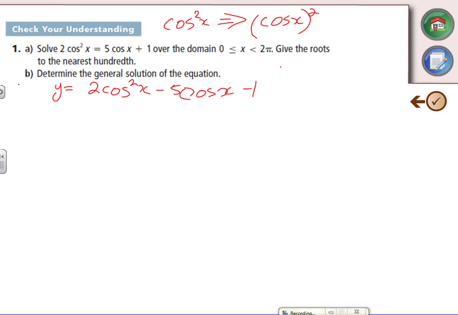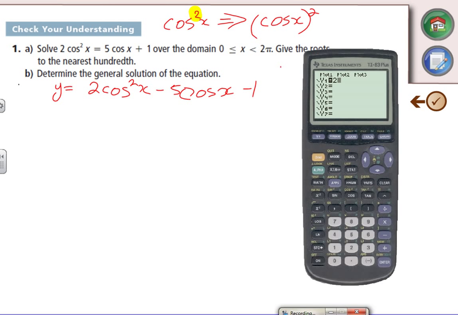So punch it in, bracket, cos x bracket squared minus 5 cos x and the bracket minus 1. And let's graph it. And I'm going from 0 to 2 pi, so I need to change my window from 0 on x to 2 pi. Good. Graph it. And we're looking for any x-intercepts that are going to emerge.